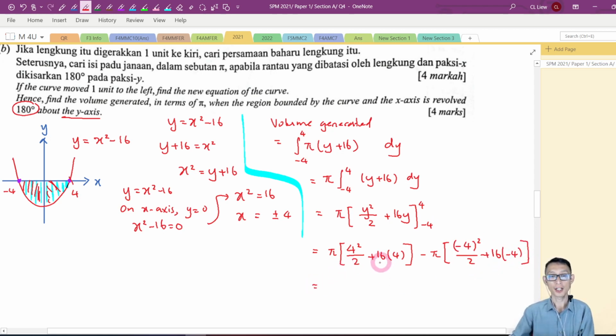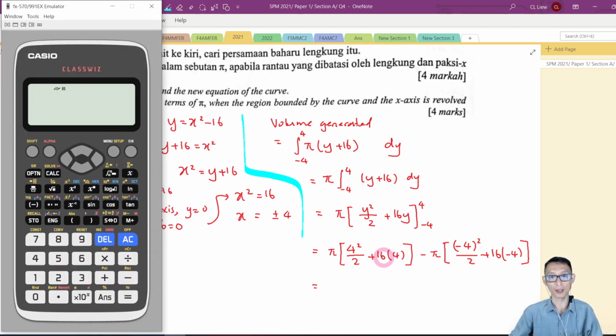Okay, so for the next step, you actually can use your calculator to help you calculate this one and this one. What you need to do is just key this into your calculator. I will just use x, easier. So x squared over 2, then plus 16x. Press calculate. The calculator will ask you what is the value of x that you want to substitute. We are going to use 4, right? So 4 equals 72.